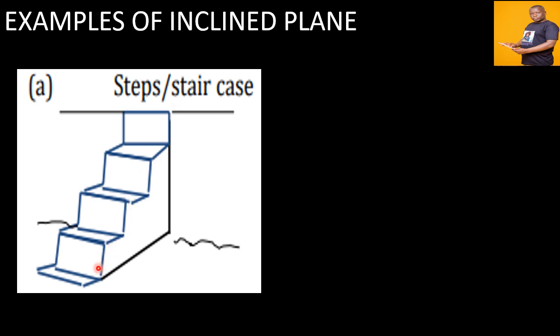All right. For example, at your school, at Marymount, you have steps, very long steps. As you walk from the Form 4 class, the new Form 4 classes, to the Form 3 classes, you have to climb up the steps.